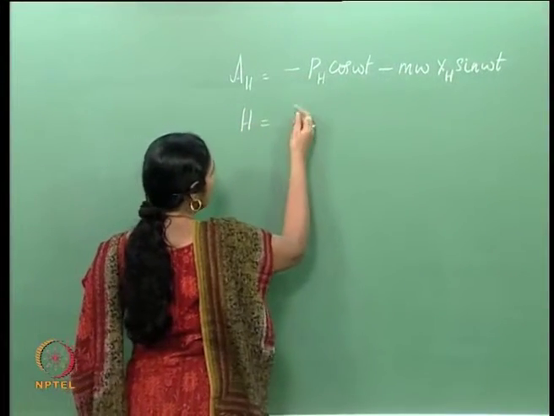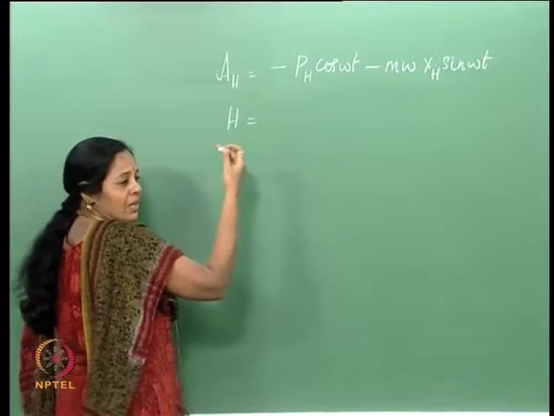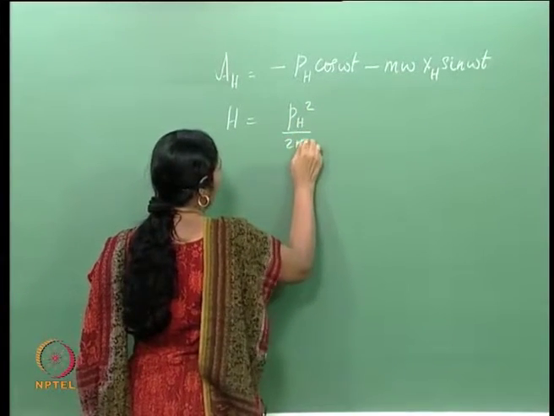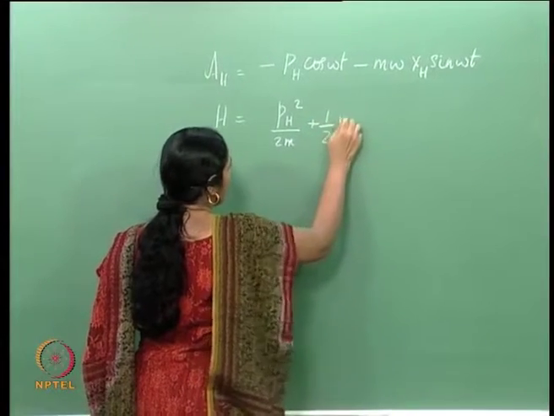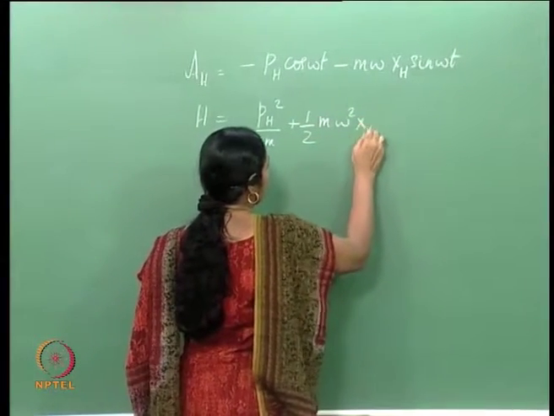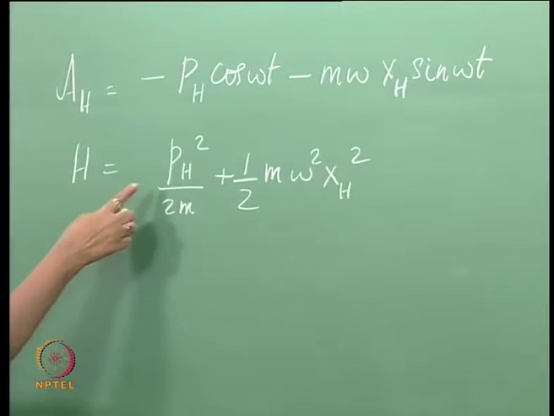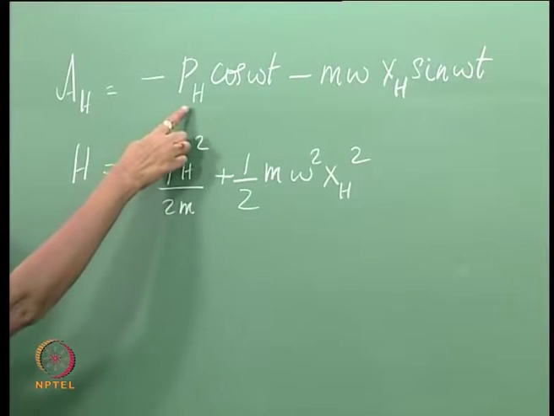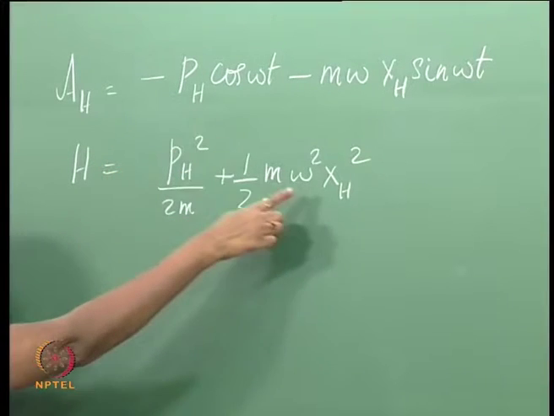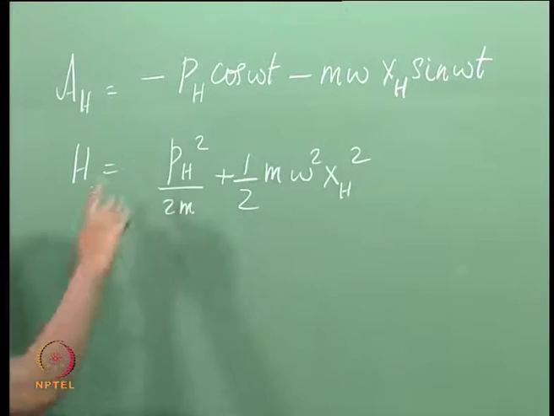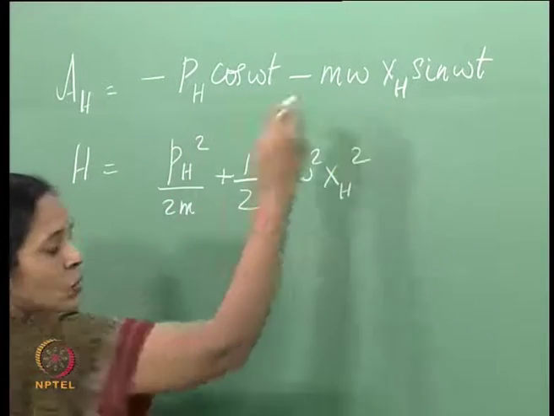The Hamiltonian is the Hamiltonian for the simple harmonic oscillator, which is pH squared by 2m plus half m omega squared xH squared. So, you see, I have got the momentum operator here and of course, the position operator, both written in the Heisenberg picture. This has an explicit dependence on time.